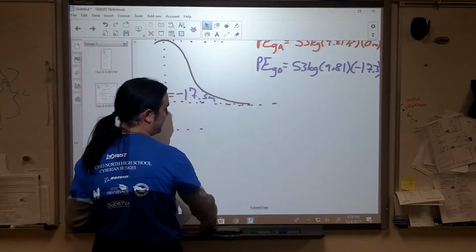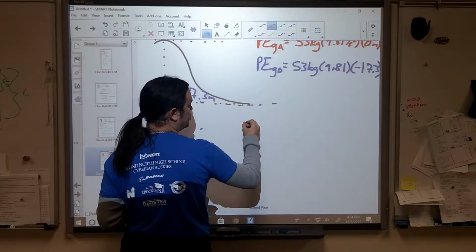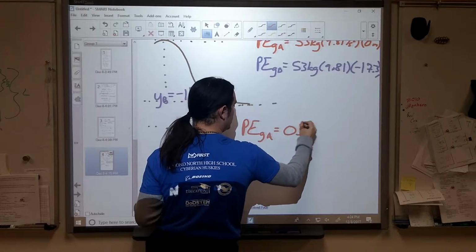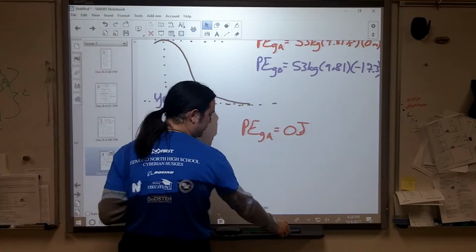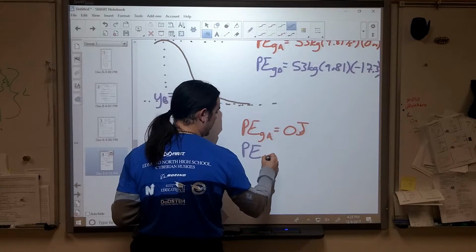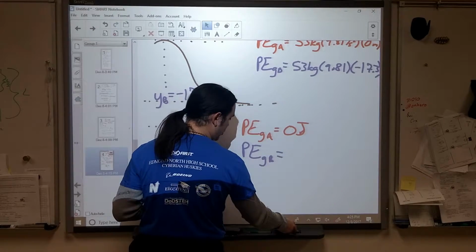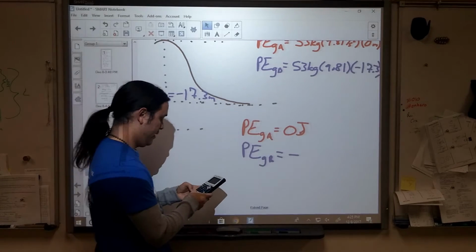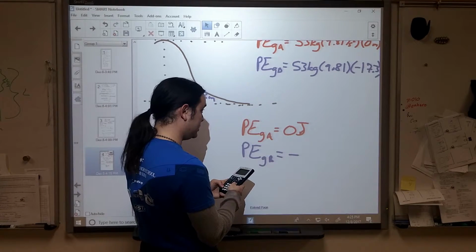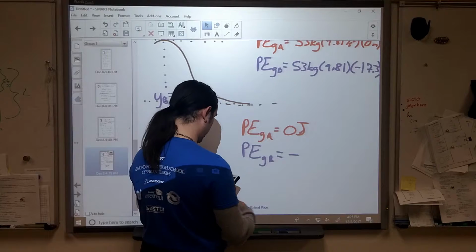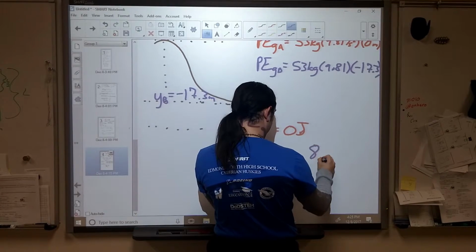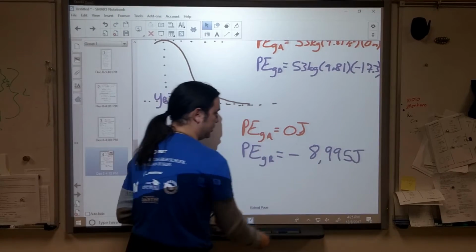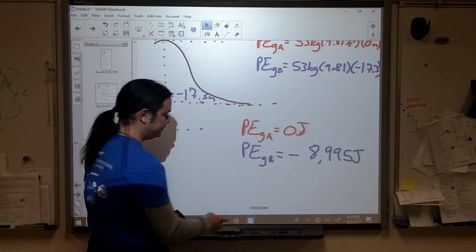In this case, I find that my potential energy of gravity at A is equal to 0 joules, and at B is equal to negative, let's multiply this out and see what we get. 53 times 9.81 times negative 17.3 gives me negative 8,995 joules, at least to 4 significant figures.